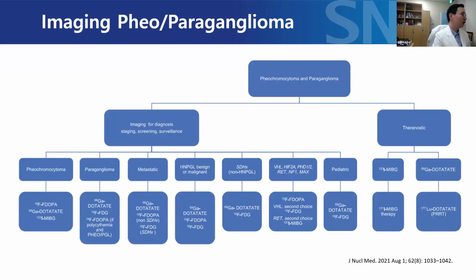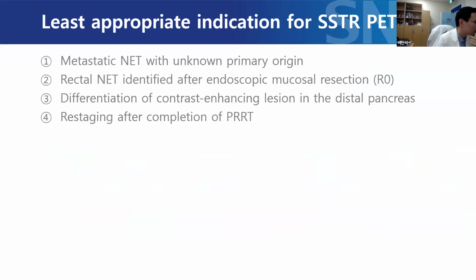This shows how uptake can differ according to the patient's genetic mutation. What we need to remember is that somatostatin expression can be affected by the genetic mutation of the patients.